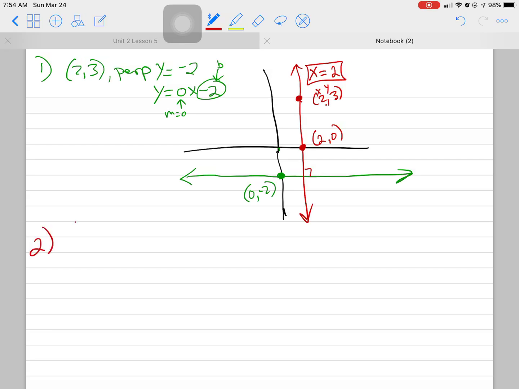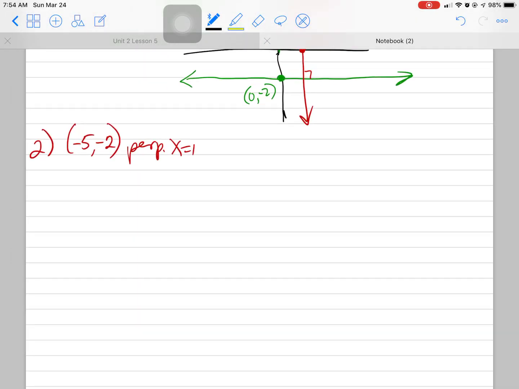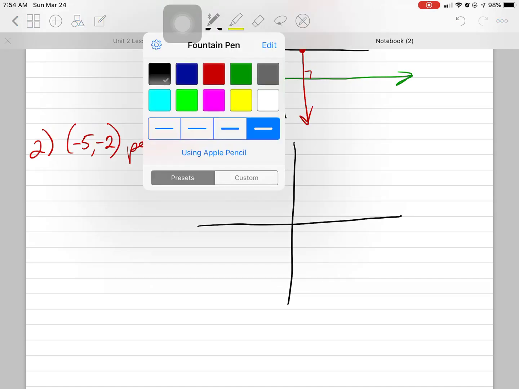Number 2 says it goes through that point, and it's perpendicular to x equals 1. All right, so let's do this one. And x equals 1. Well, that's undefined, so it goes up and down. Let's pick something here.